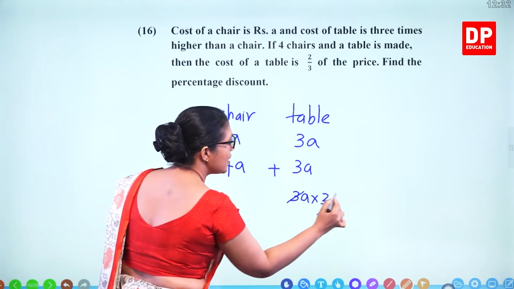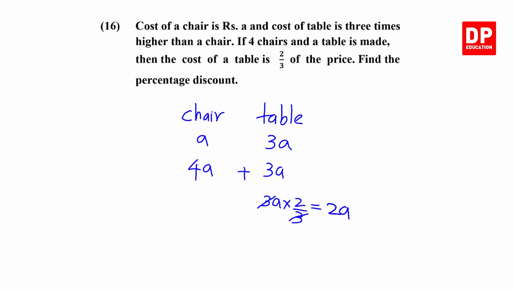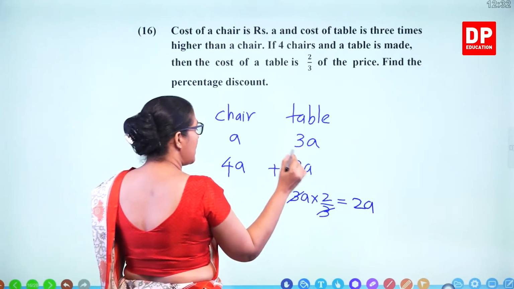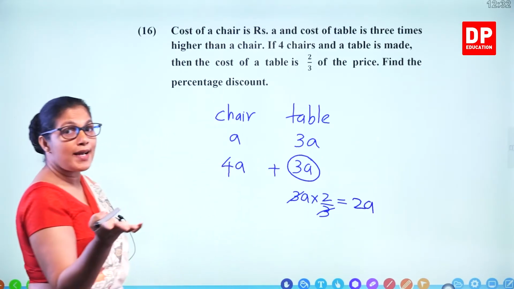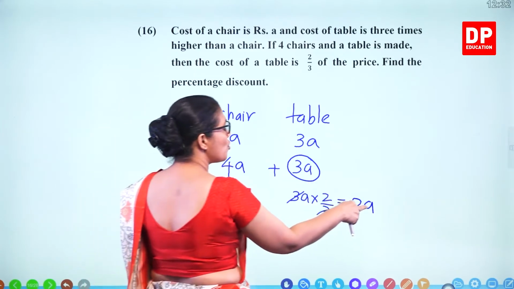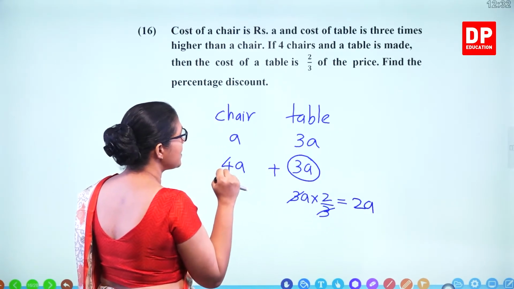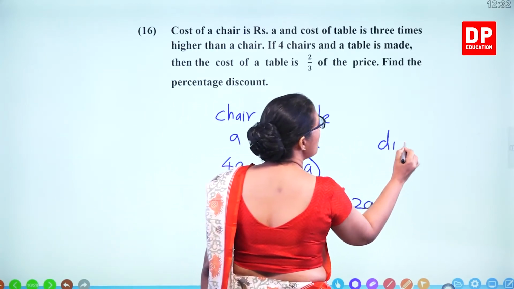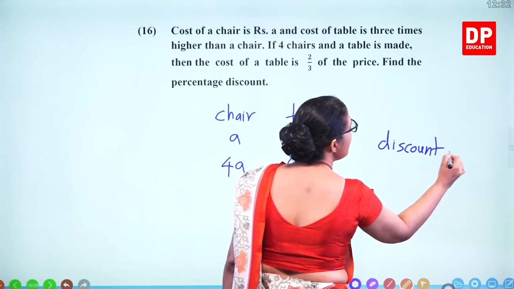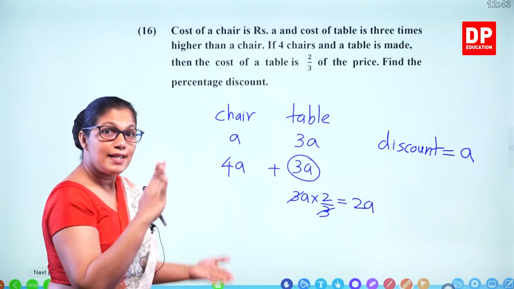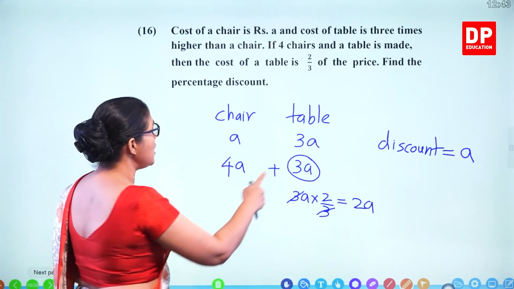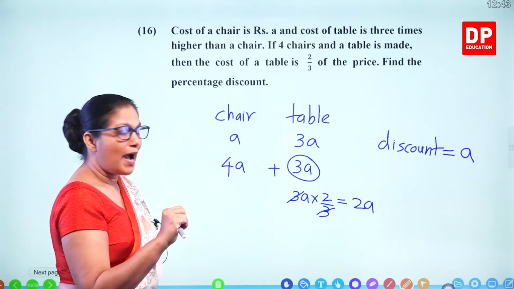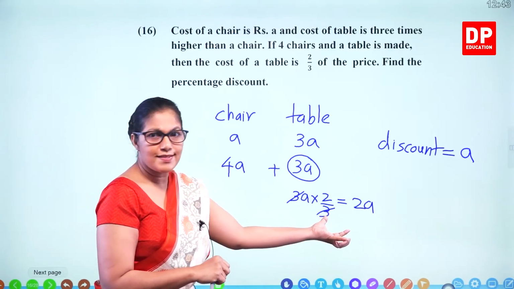So the cost of the table is 2/3 of the price, so you can get it for 2A. Then the total, what's the discount you are getting? We expected normal price is 3A, but we got it for 2A. So what's the difference? That's the discount value. So discount is A. What is the buying price? Its initial value is 4A and 3A. When you buy it for that, you get the discount.